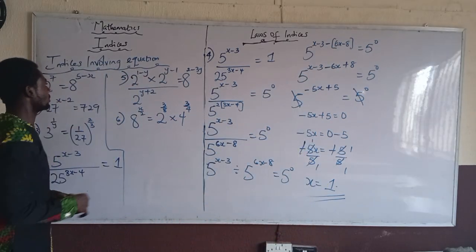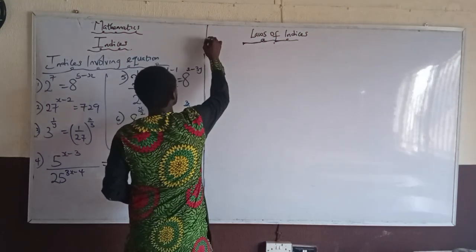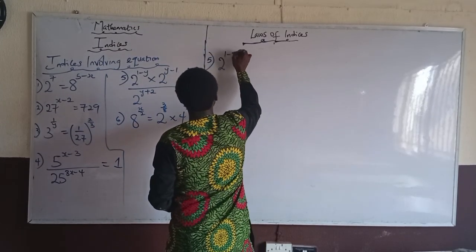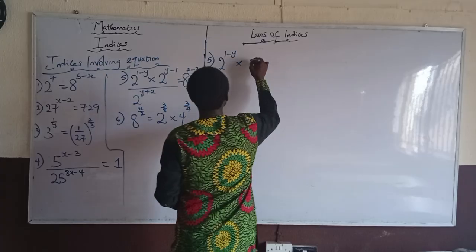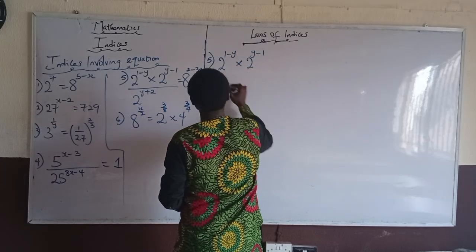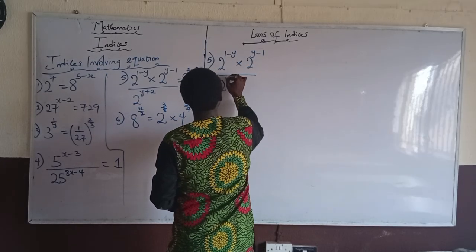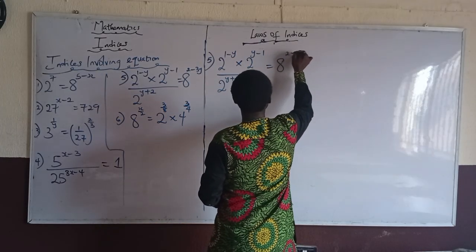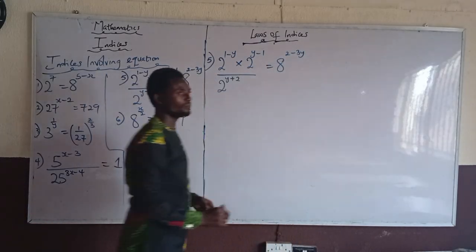So that's number 4. So we move to number 5. I have 2 raised to power 1 minus y times 2 raised to power y minus 1 divided by 2 raised to power y plus 2 equals 8 raised to power 2 minus 3y.